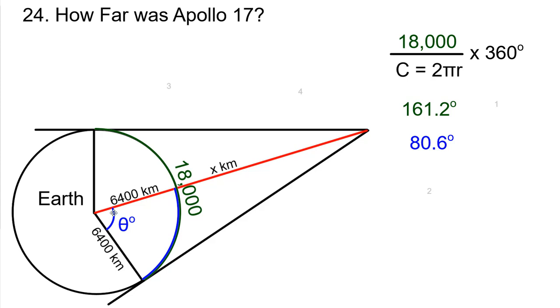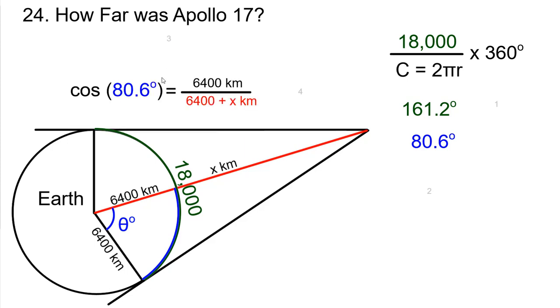All right, so now that I know this value here is 80.6 degrees, and I didn't put it there, but you see it's color coded. The next question I have is, how am I going to find out what is the distance above sea level? Just like last time, I know this is a right triangle. I've got my adjacent side and the hypotenuse, so I set up a trig function.